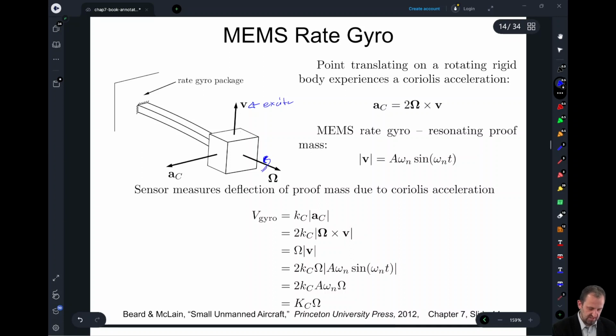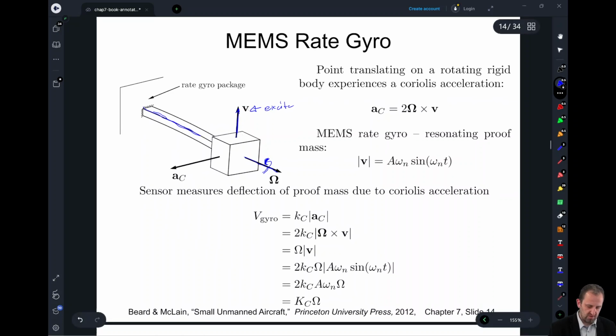This axis is going to be coming straight out of what's depicted there as a wall. Since we're exciting it, the mass has a given velocity where it's moving up and down according to this picture.